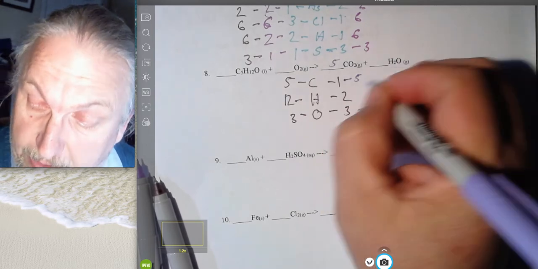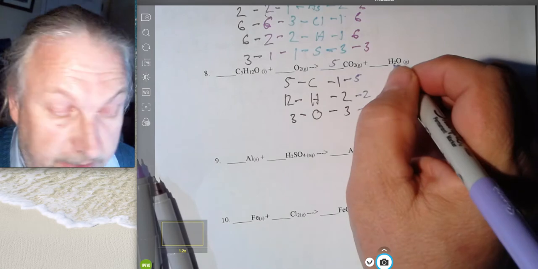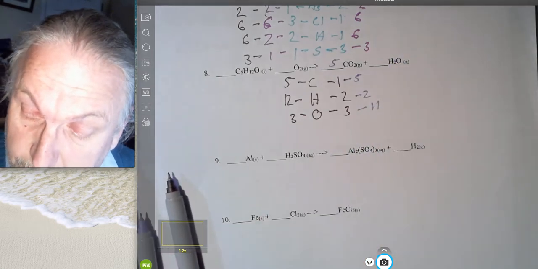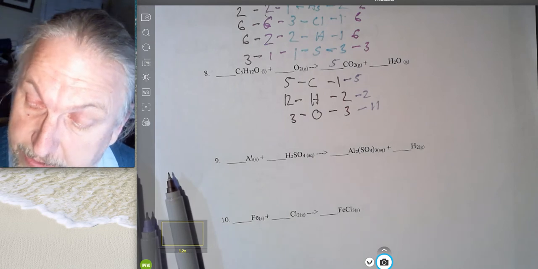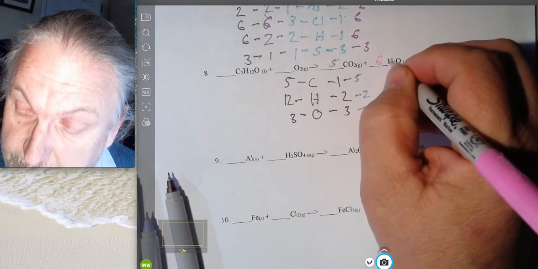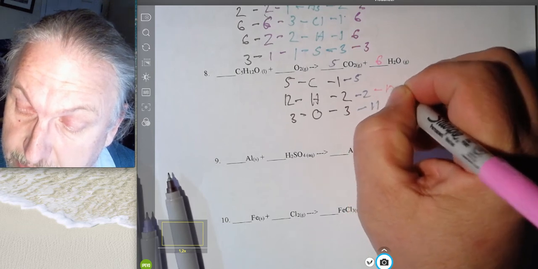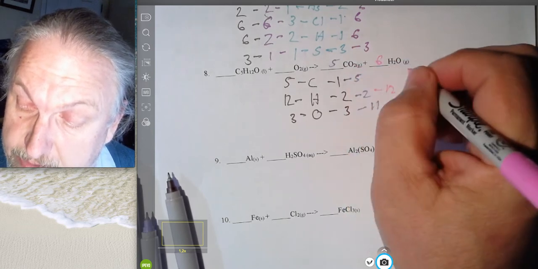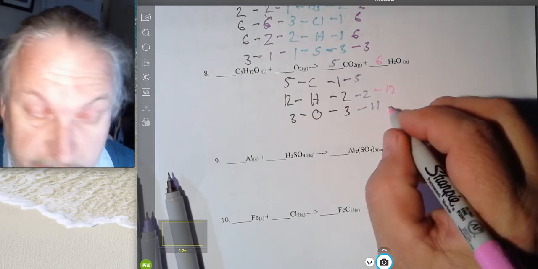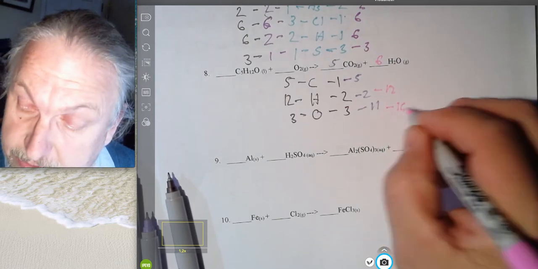And of course, we still have 2 hydrogens. Let's get our hydrogens right here. Before we start filling over here, let's put a 6 here. That's going to give me 12 hydrogens. Then it's going to give me 6 oxygens, 5, 10, so 16 oxygens.